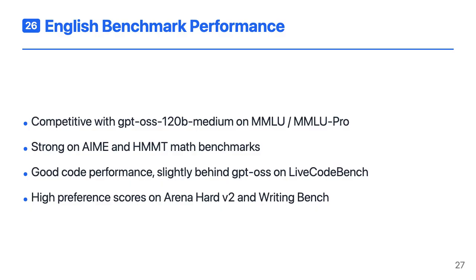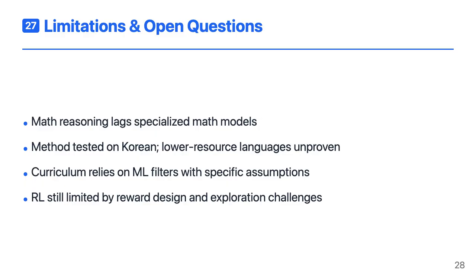On preference benchmarks like Arena Hard v2 and Writing Bench, Solar Open shows strong alignment, indicating that the RL and DPO phases are effective beyond Korean. The authors are clear about limitations. First, while math performance is good, it doesn't match specialized math reasoners because the data mix prioritized natural text and domain expertise. Second, the methodology has only been fully tested on Korean, which is low resource but not extremely low resource.